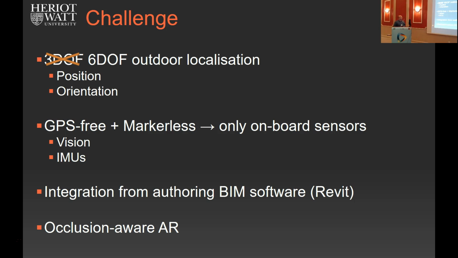So we are relying only on onboard sensors, such as the camera and IMUs in the tablet. Also, we want to integrate our system with another BIM software, in this case Revit. And finally, we want an occlusion-aware AR solution.